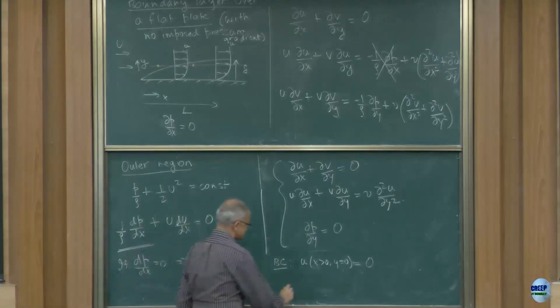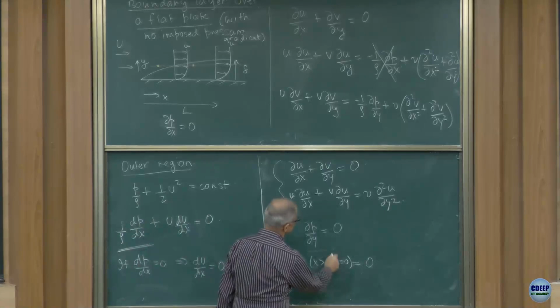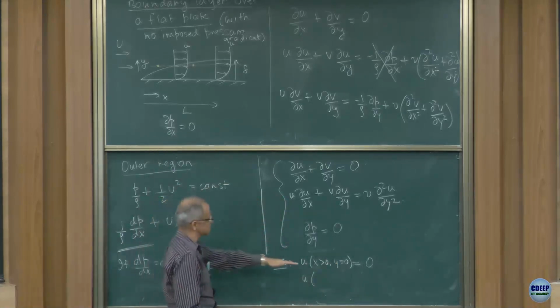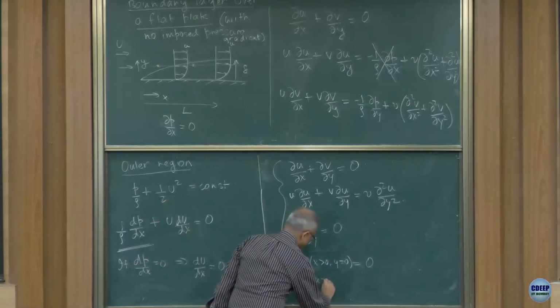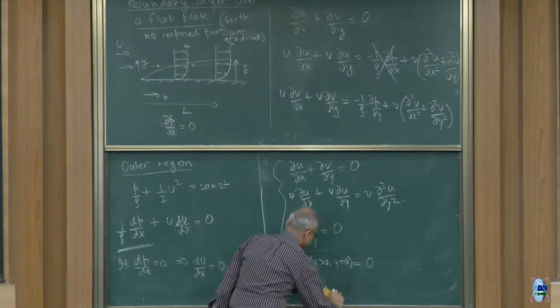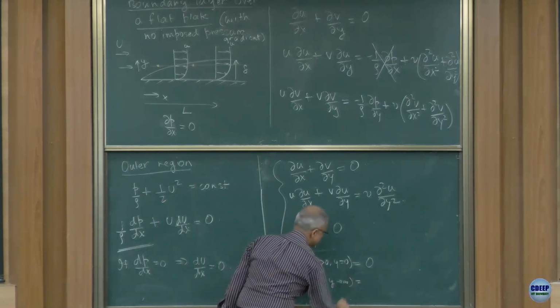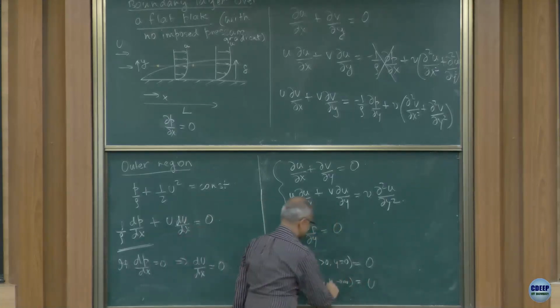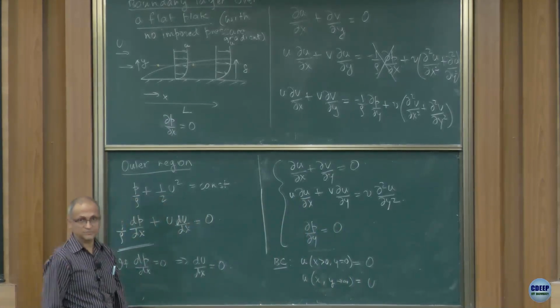Then u along the y direction, so this is u at y equal to 0, and at y tending to infinity, I don't even need anything here, it could be anything, y tends to infinity, this is capital U. So these are the 2 conditions that I have for u along the y direction.